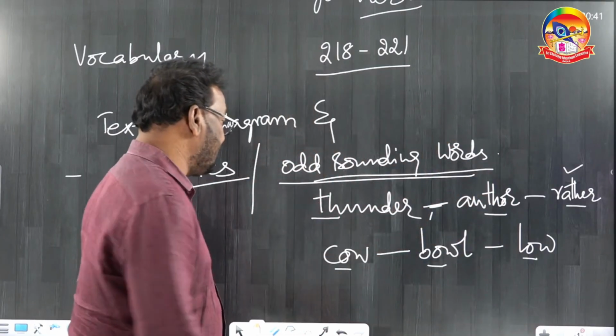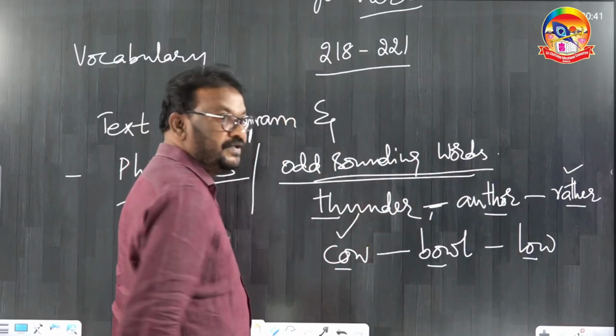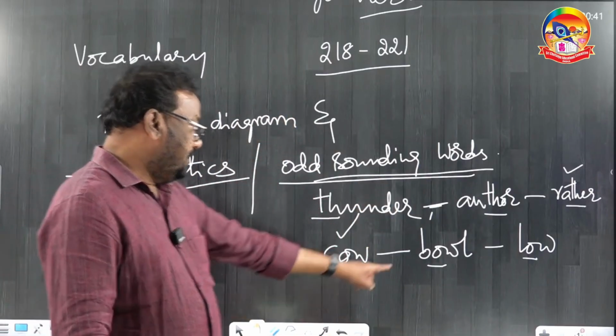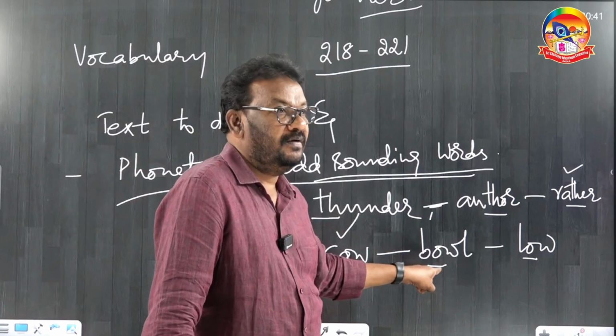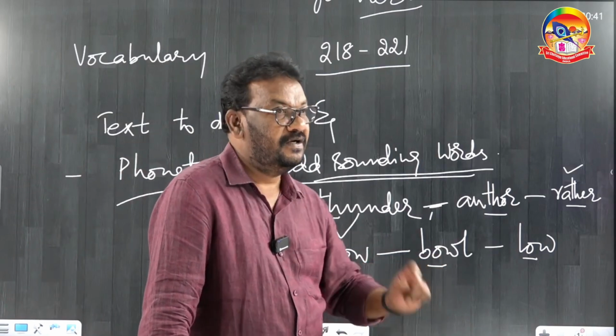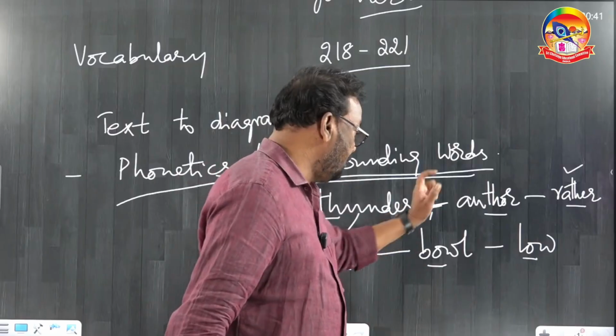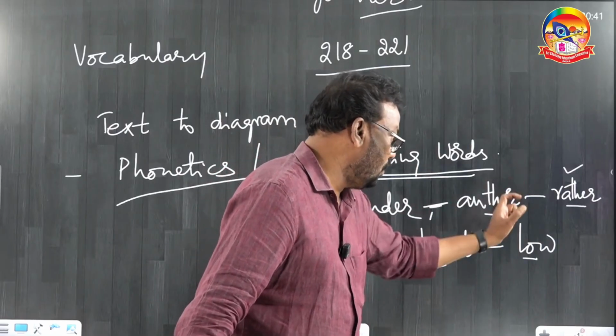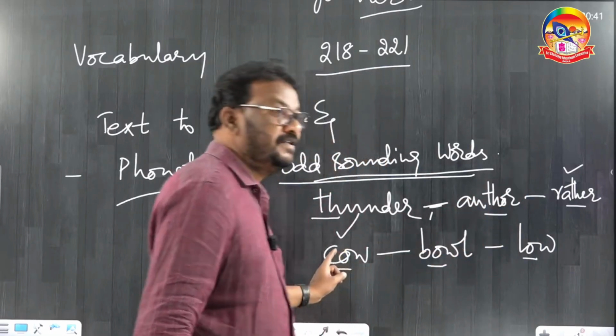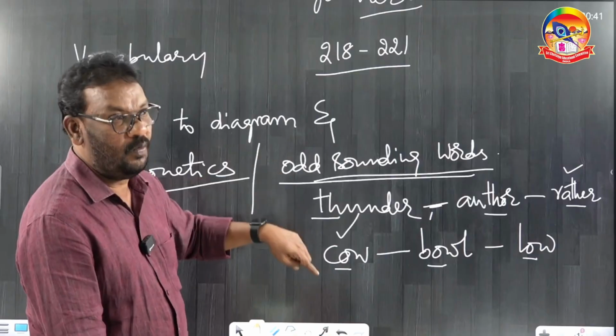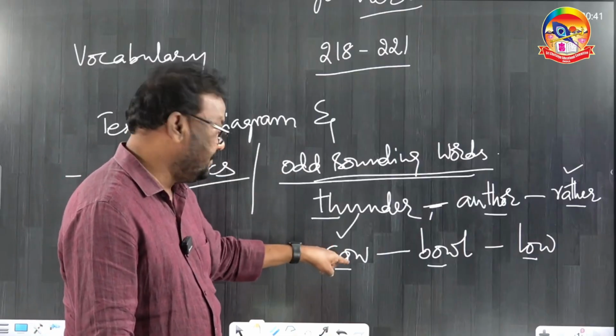Your answer is cow. Why? This is sounded as bowl, this is bowl, this is low, whereas this is cow, with the ow sound. So this is your answer.